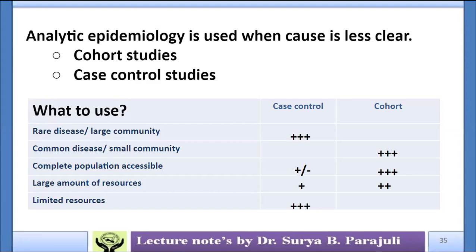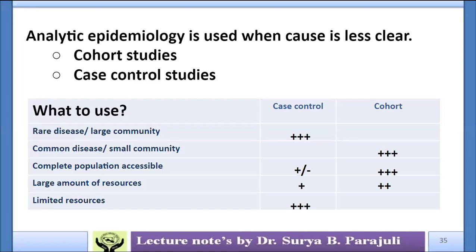For a common disease in a small community, what study? If the complete population is accessible, what would be better? But we can use case control too. For a large amount of resources, if you have money, if you have materials, then the better one is what? If not, case control. And if you have limited resources, then case control.